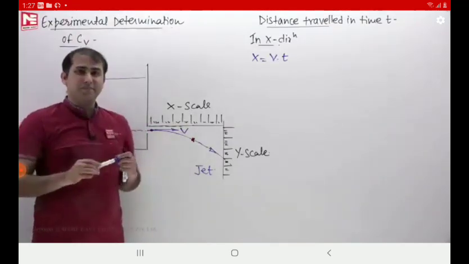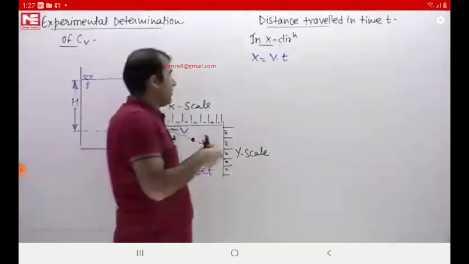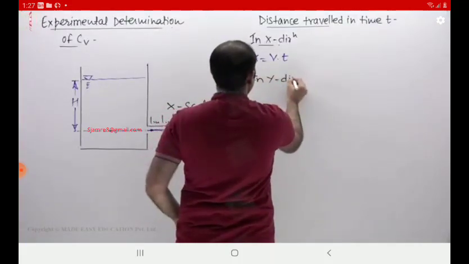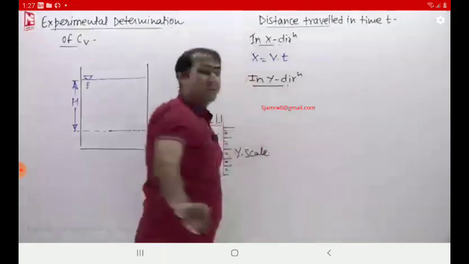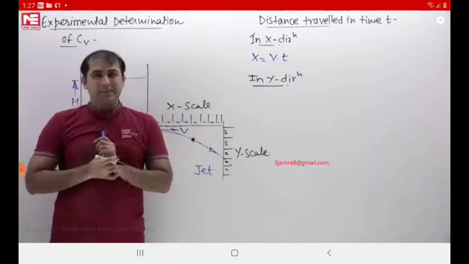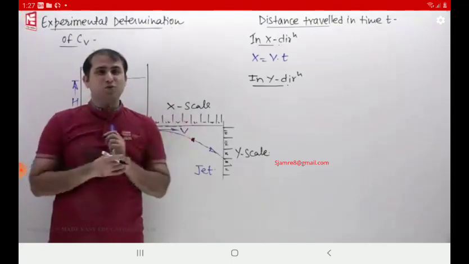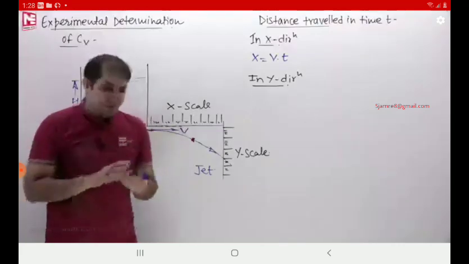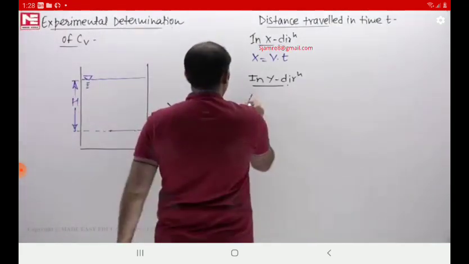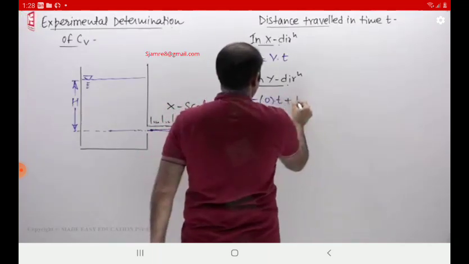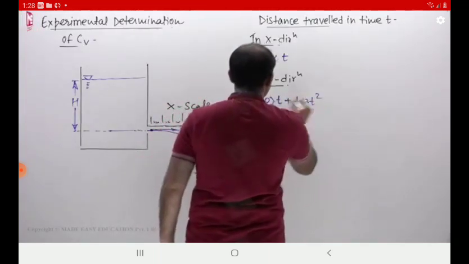Now the y distance, in the y direction. We apply the basic equation we studied: s equals ut plus half gt squared. So y equals ut plus half gt squared, where u t is 0.